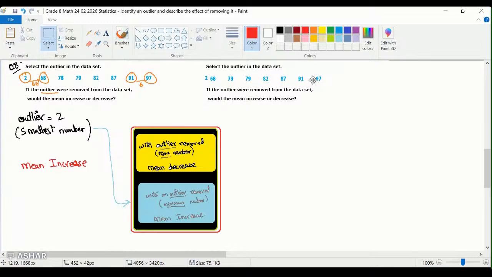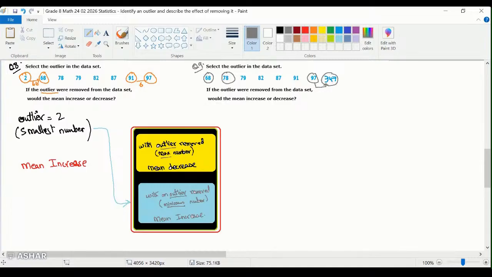Okay. But if we had another set of values in which the outlier was the largest number, let's suppose 347 in question number 9. So in this case, we can easily tell. We look at the extreme values, the difference between the numbers, the difference is greater over here.